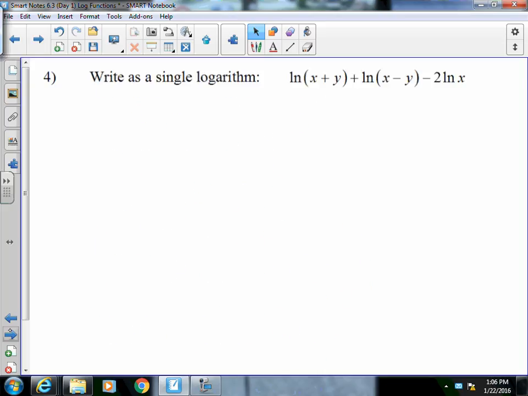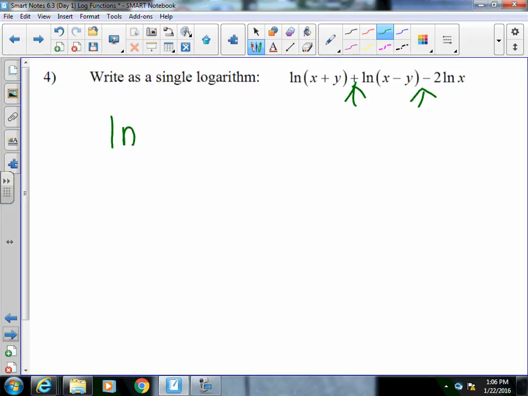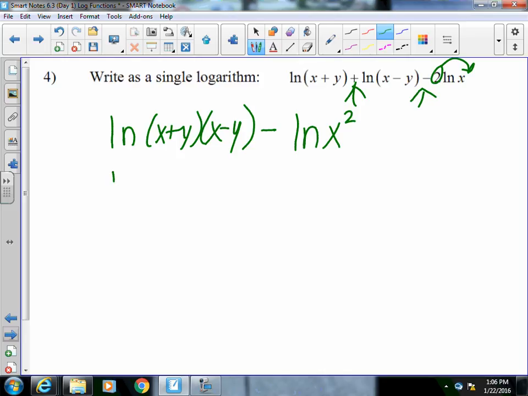This next one, we're going to put it all together. You notice we have some addition and we have some subtraction. I'm going to start with the addition. This is going to be ln of x plus y times x minus y, because addition can be combined by multiplication, minus, and I'm also going to move up my power. So this becomes ln of x squared. So this is ln of x squared minus y squared minus ln of x squared.